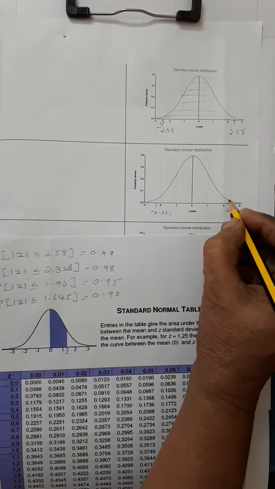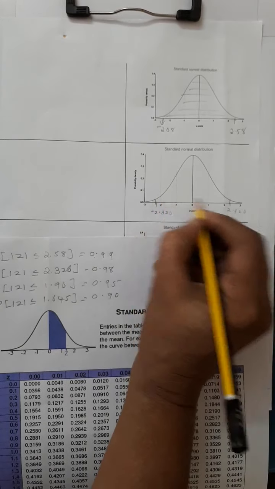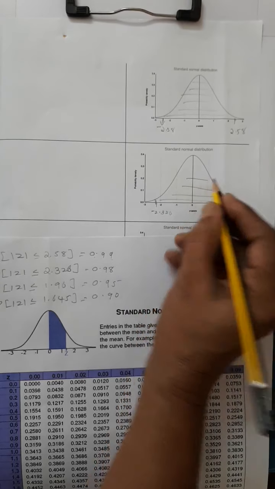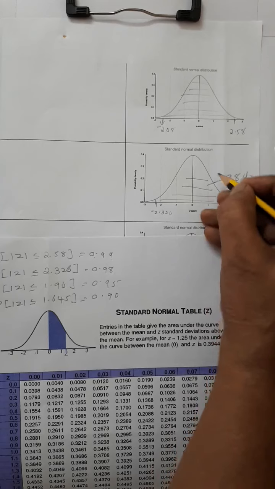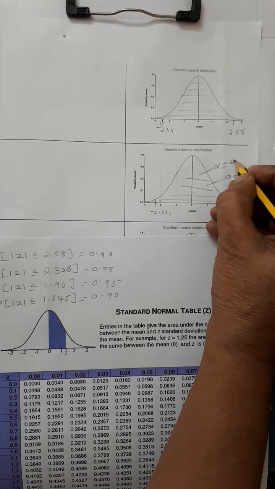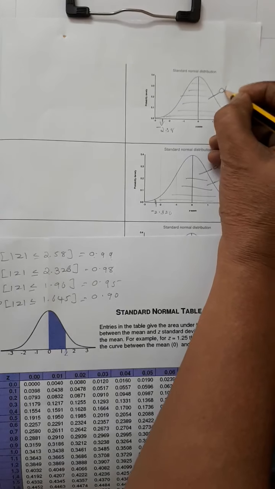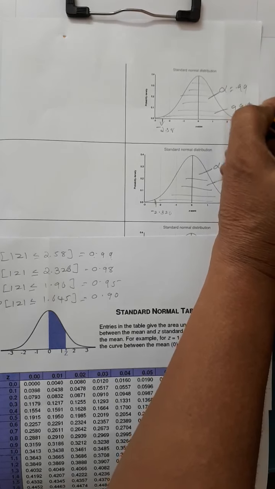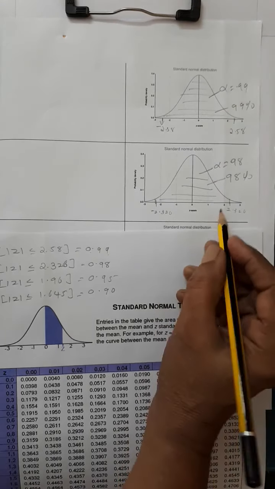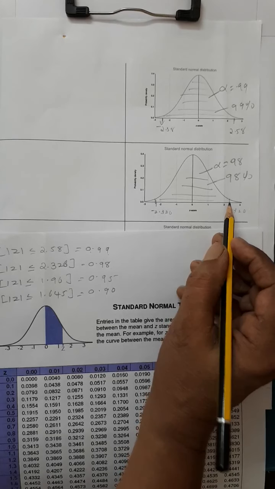It would be somewhere here. The area inside it will be 98%, or alpha is 0.98. Here alpha is 0.99, or it covers 99% of the area of a standard normal curve.